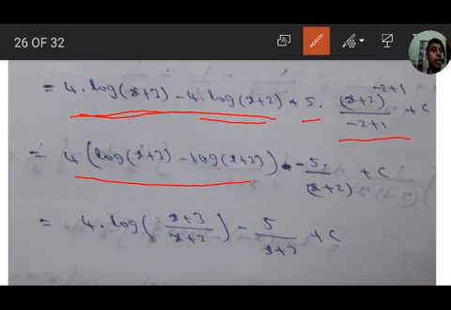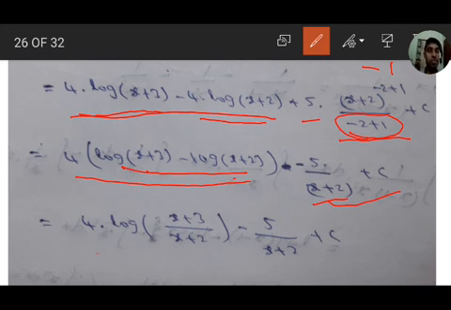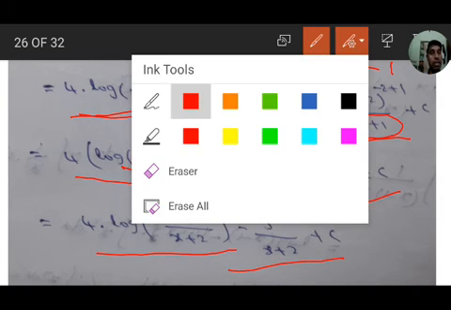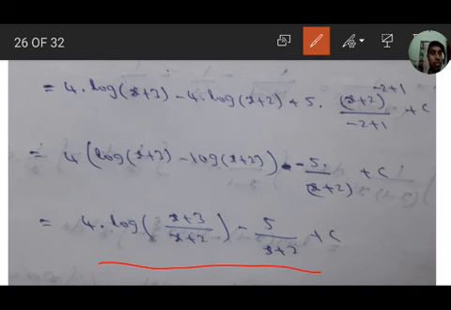Here minus 2 plus 1 means minus 1, power minus 1 means it will come to the denominator, x plus 2 power plus 1, so minus 5 by x plus 2. Log a minus log b is log a by b, so 4 into log of x plus 3 by x plus 2, minus 5 by x plus 2 plus c is the answer. Okay, it is the final answer.